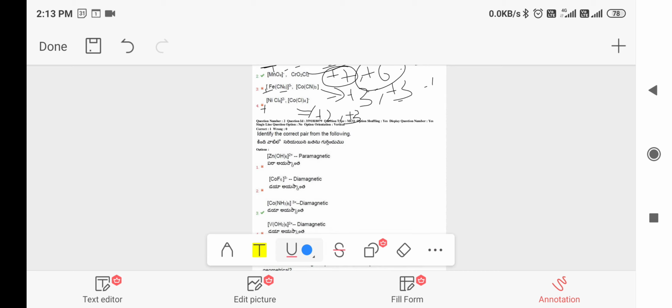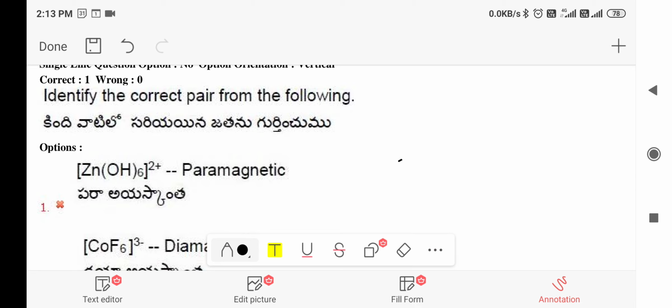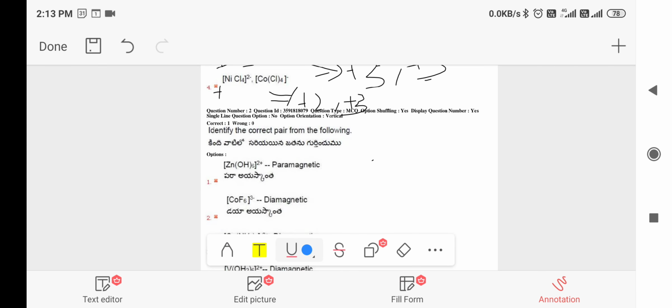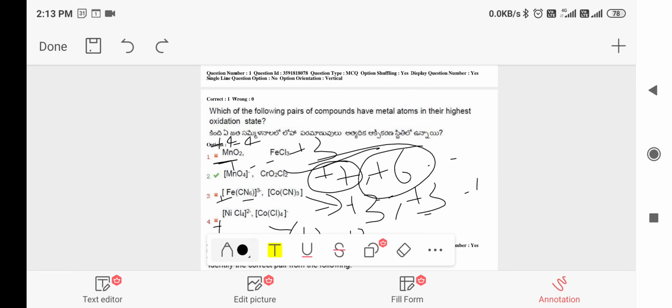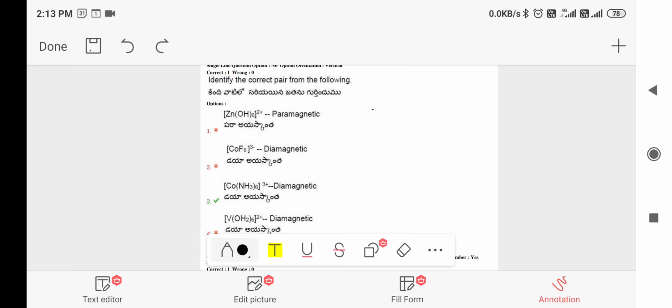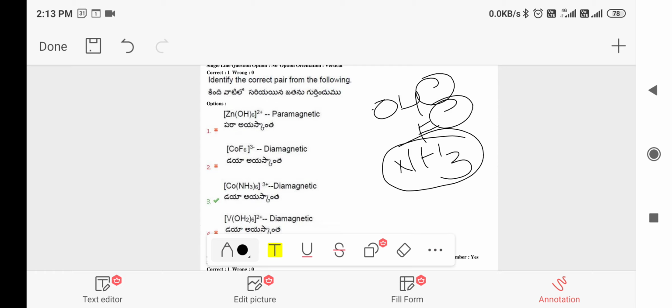Next, we also need to know the concept of strong field ligands and weak field ligands. So here OH- is a weak field ligand, and F- is a weak field ligand. NH3 is also generally a weak field ligand. But for cobalt and chromium, amine, that is NH3 ammonia, acts as a strong field ligand. So this is an exceptional case. Amine acts as a strong field ligand for cobalt and chromium complexes.